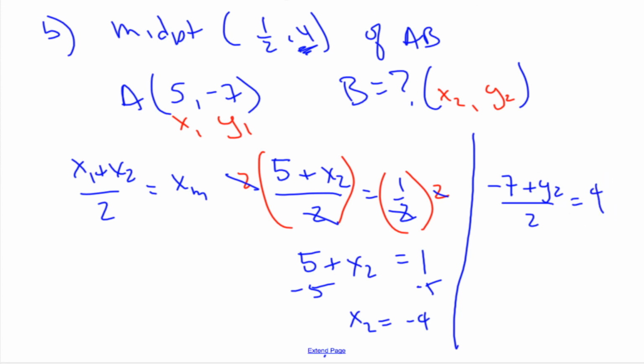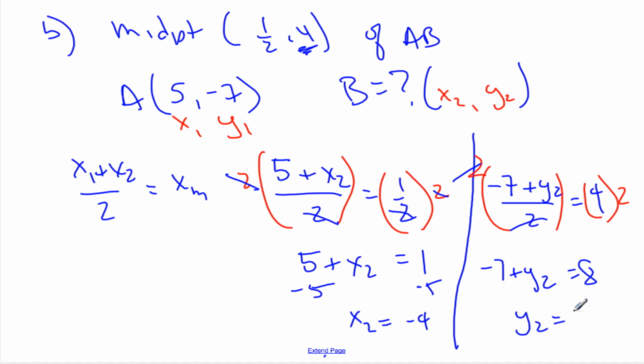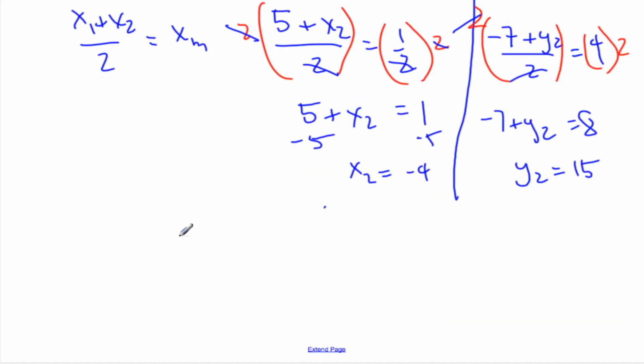Again, we're going to multiply both sides by 2 to get rid of my fraction. And so when I do that, I get -7 plus y2, because those cancel, equals 8. Add the 7 over, and y2 equals 15. And so my coordinate for B is (-4, 15).